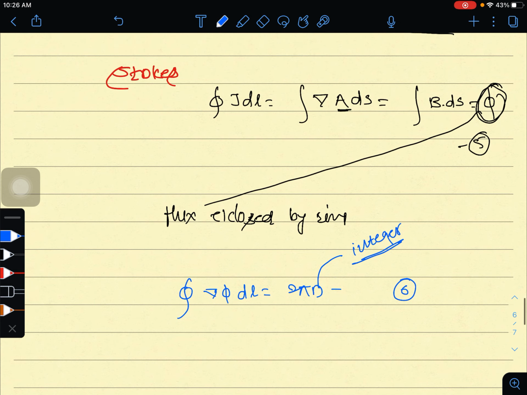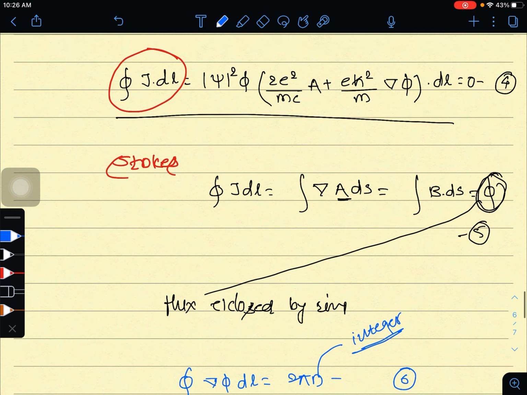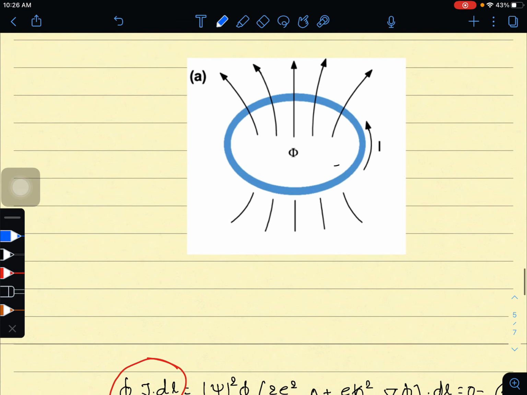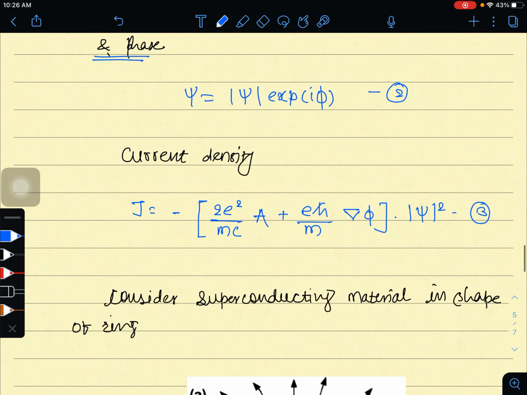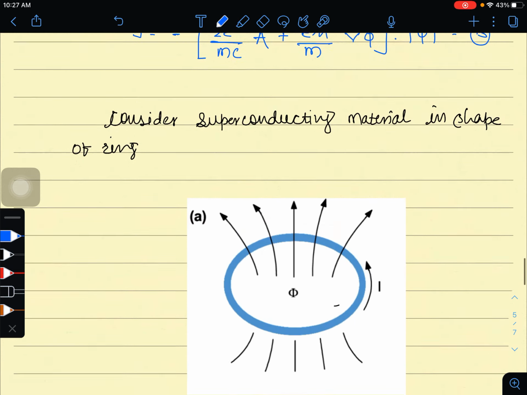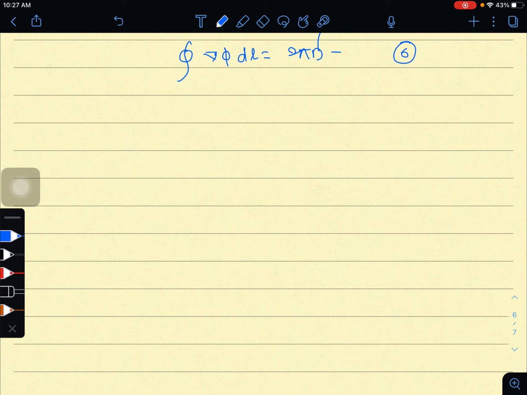Now look at equation number 6, equation number 5, and equation number 3. All these equations show the magnetic flux enclosed by a ring, and this must be quantized.